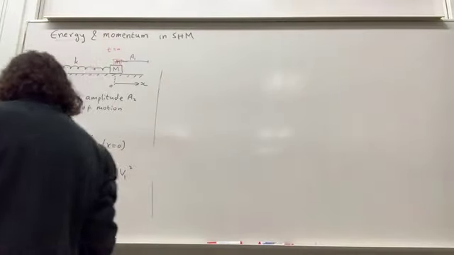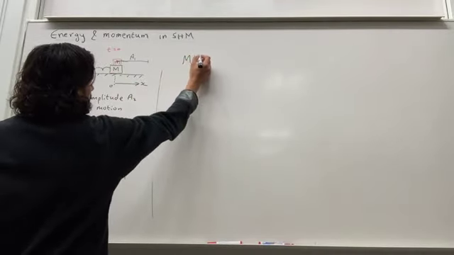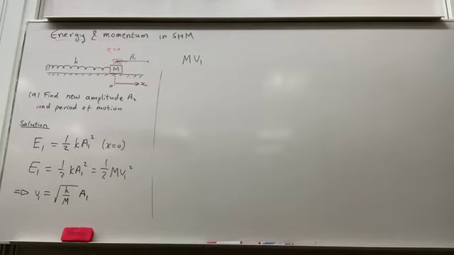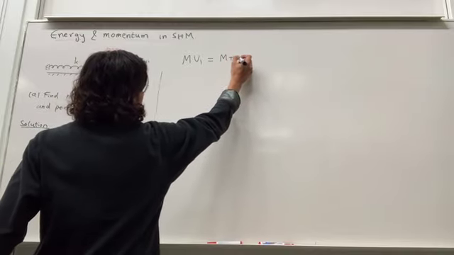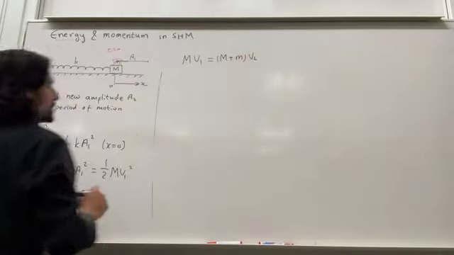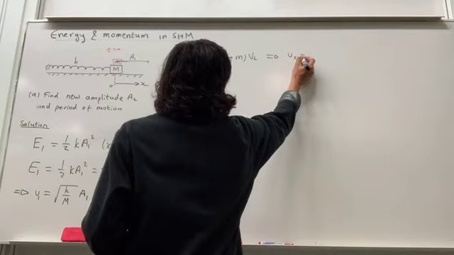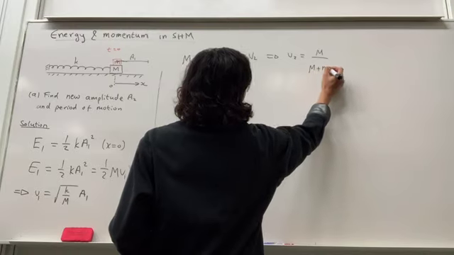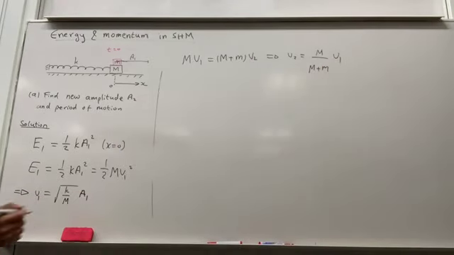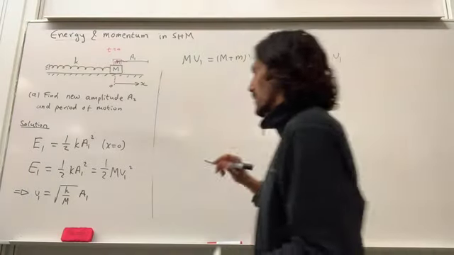Okay, so now we go to conservation of momentum. We had M times v1, and that has to be equal to, well, after the collision we have M plus m times v2. So v2 is M over M plus m times v1. Now I can go back to the energy of the system after the collision, so E2.